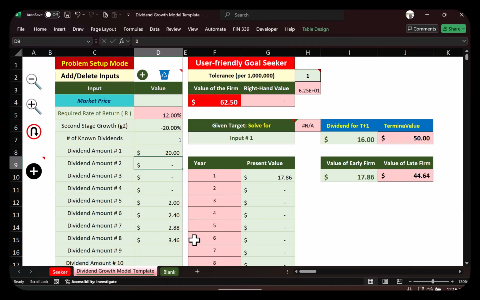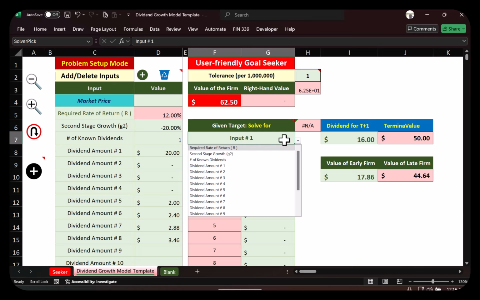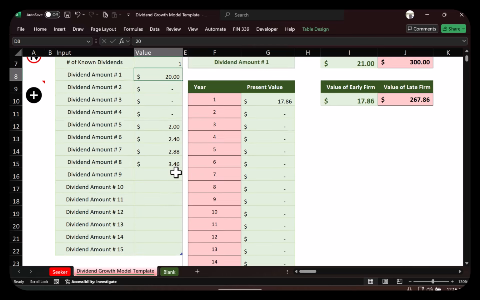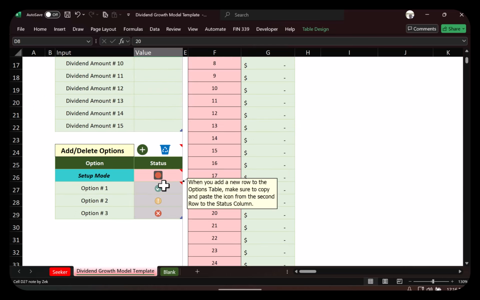All right. First things first, I'm going to change my input to dividend amount number one, because that's what I do not know. My market price is 62.50. Required rate of return is that, that's 5. That, I don't know that one. All I have to do is make this green light.